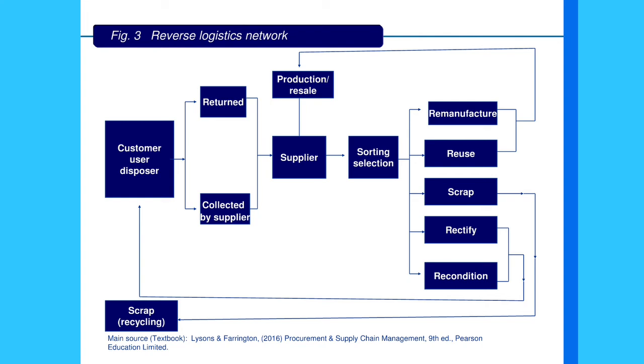There are also rectification, corrections, and reconditioning, which means again making it usable. So when all these processes happen, we call it reverse logistics, which starts from the customer, given on your left, and reaches back to the manufacturer who manufactured it or to other companies who can dispose of it.